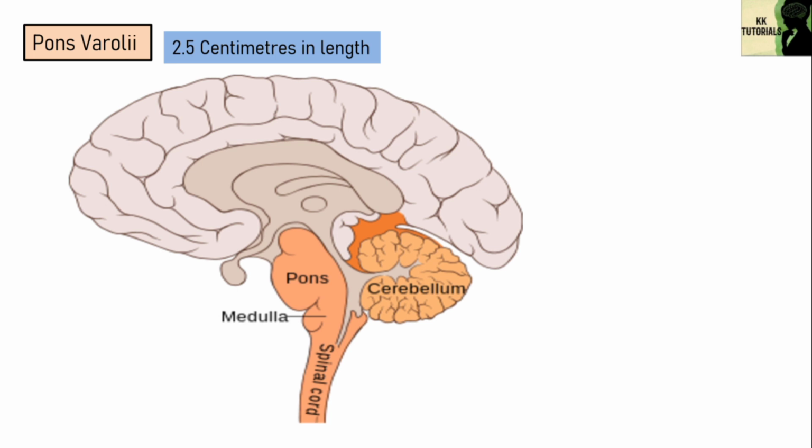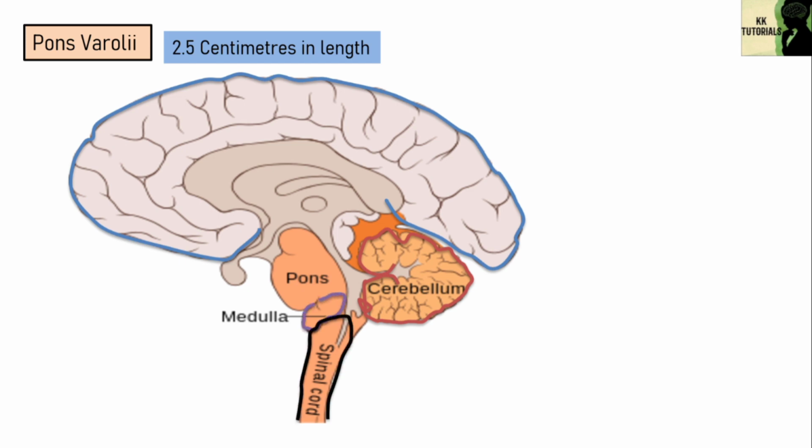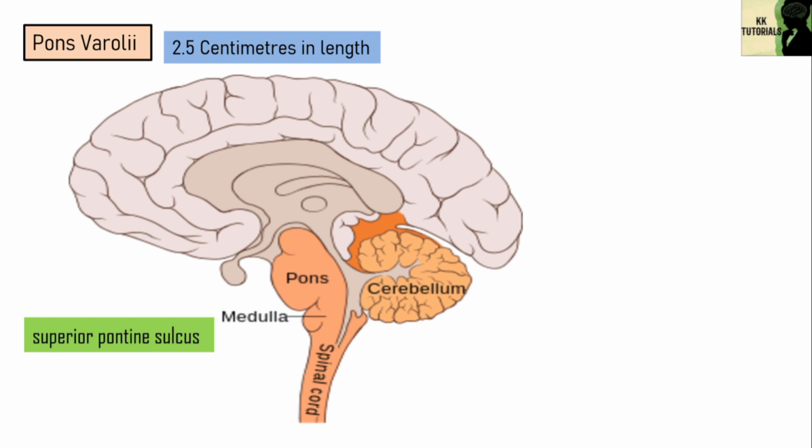It contains crossbands of nerve fibers connecting cerebrum, cerebellar lobes, medulla oblongata, and spinal cord. It also contains several nuclei. The superior pontine sulcus separates the pons from the midbrain. A separating groove between the pons and the medulla is the inferior pontine sulcus.